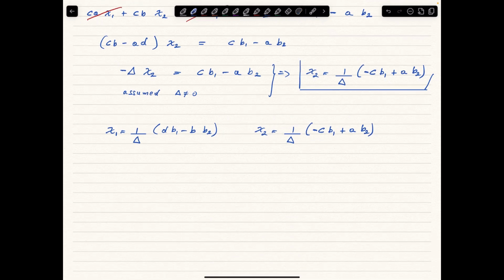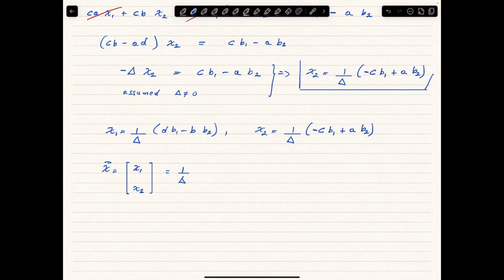And now recall what we want to do. What we want to do is we want to write these solutions as a single vector, which is going to contain x1 and x2. Each of these components has a 1 over delta, so that is going to be common factor outside. Something like this. Okay, so 1 over delta.